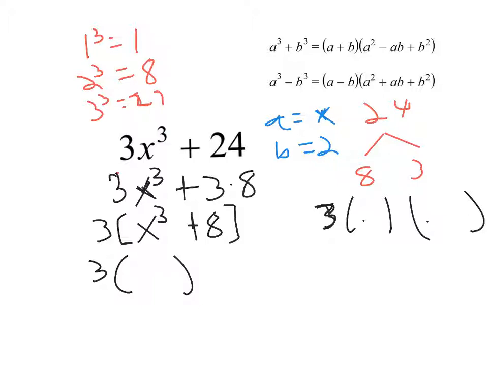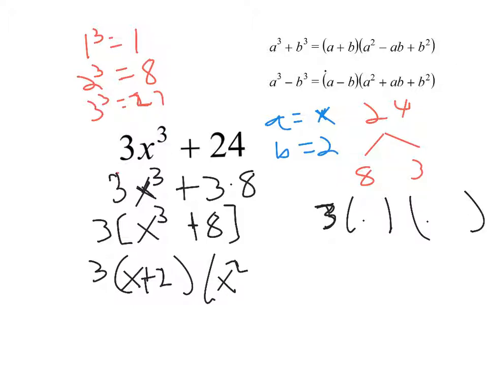So let's plug them in here. This is my a plus b, so that will be x plus 2. And then we do the a squared, so it will be x squared.